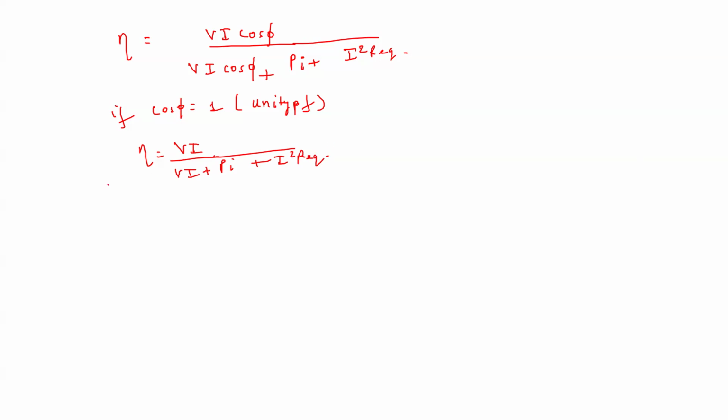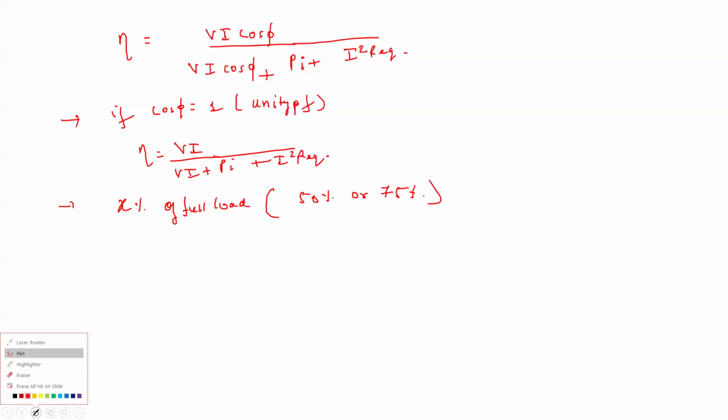Now if it is said in the question that the transformer is operating at X% of the load, it can be 50% or 75% of the full load. It will generally be mentioned that the transformer is operating at 75% of full load, 85% of full load, or half load, which means 50% load, or quarter load.